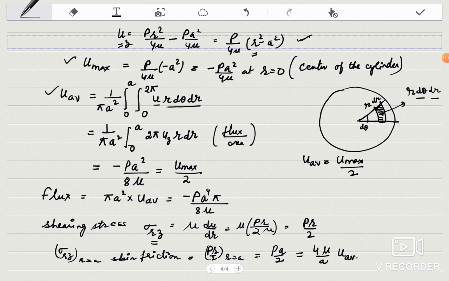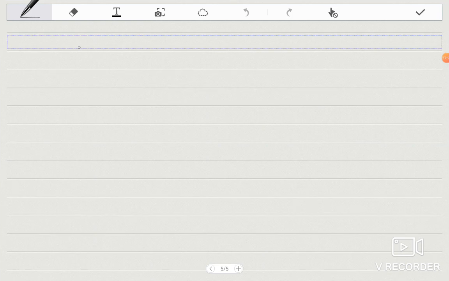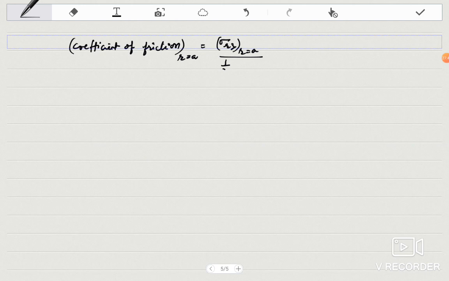Right? Now coefficient of friction, that means you will divide it by the dynamic energy. So coefficient of friction at the wall, that means at R is equal to A, it will be sigma Rz at R is equal to A upon half rho U average square.